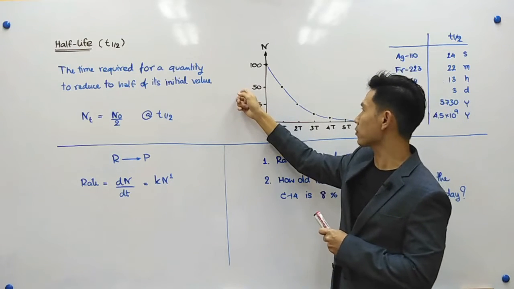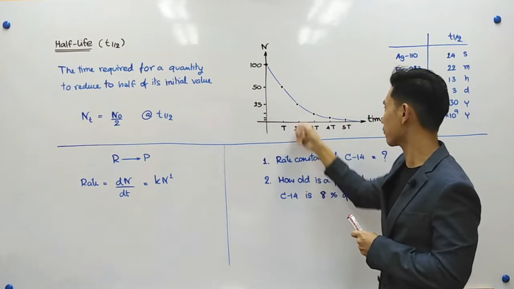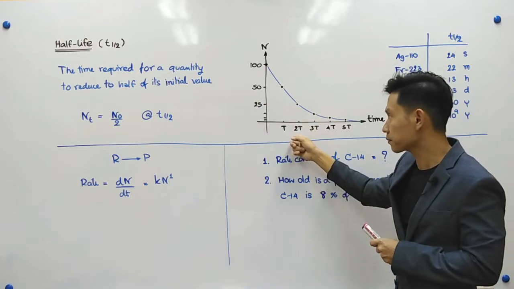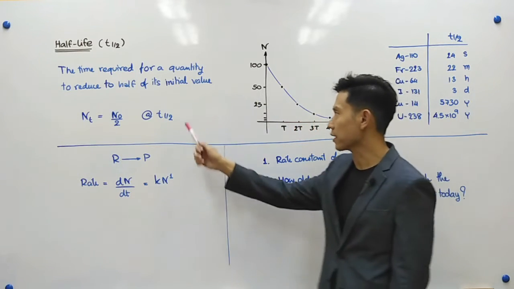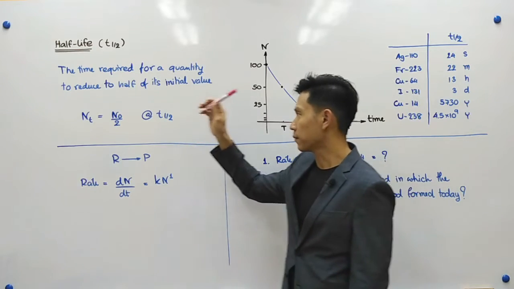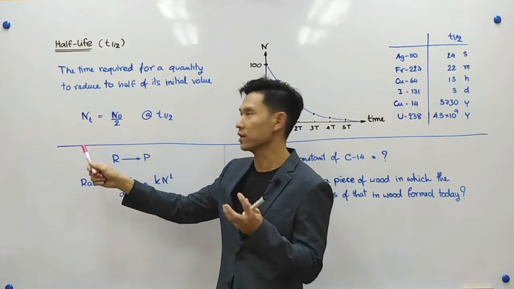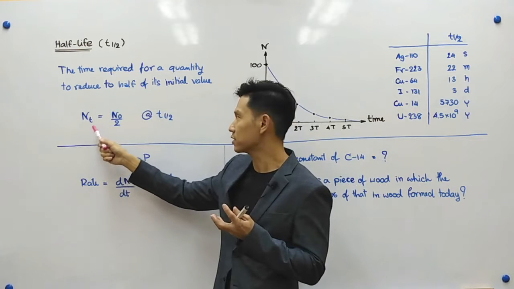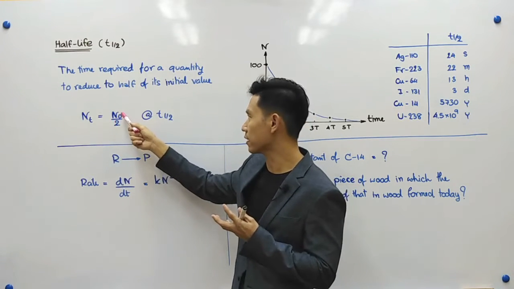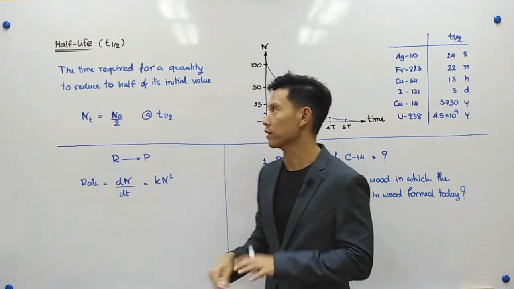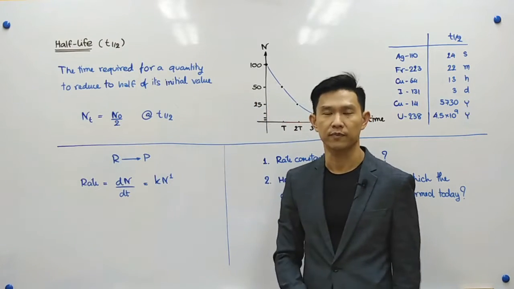If you're starting from 50 grams, it reduces to 25 grams by 1T as well. So from the meaning, we say that at half-life, the number of nuclei at that time is equal to the number of nuclei in the original state, N0, divided by 2. Okay, this is the meaning of the half-life.